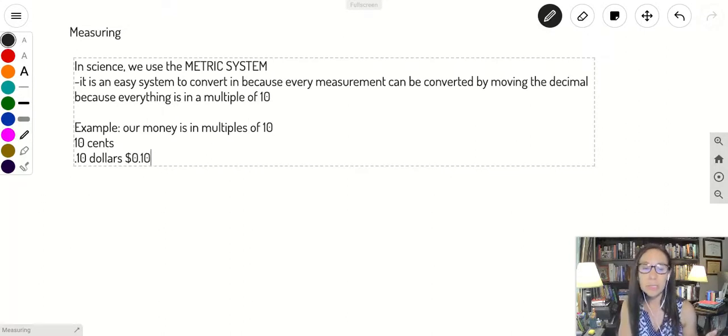And so that's how the metric system is. If you have one unit and you want to get to another unit, you just move the decimal a few places. And I'll tell you how many places in a second. So the first thing is that we use the metric system because it's easy to use.